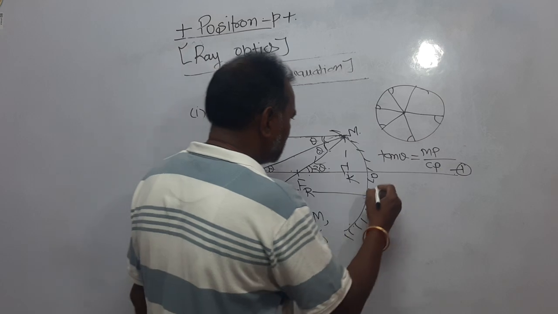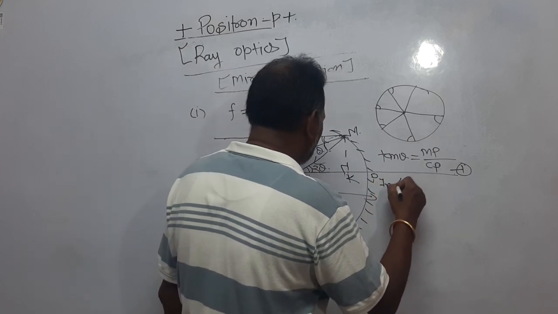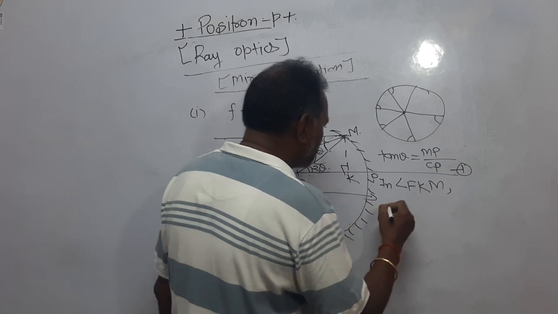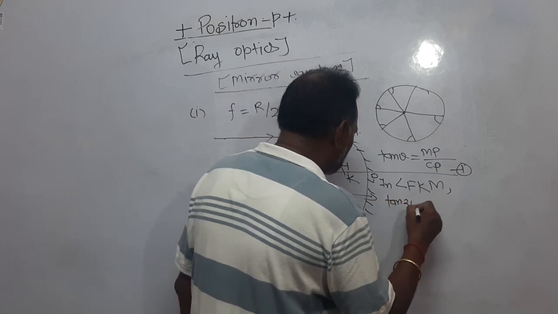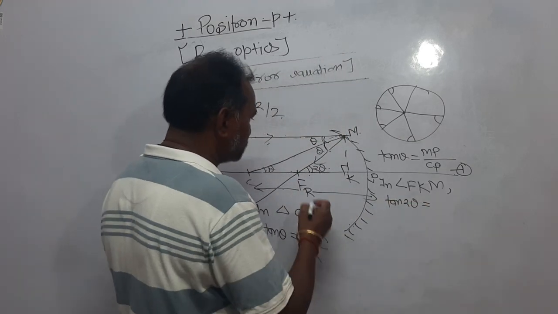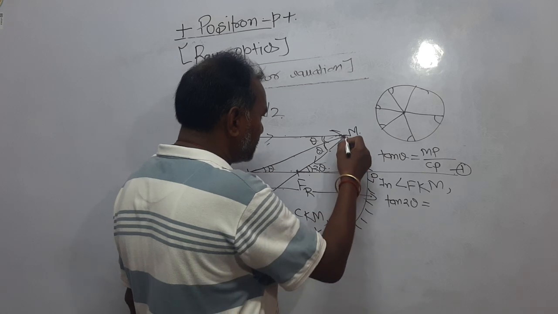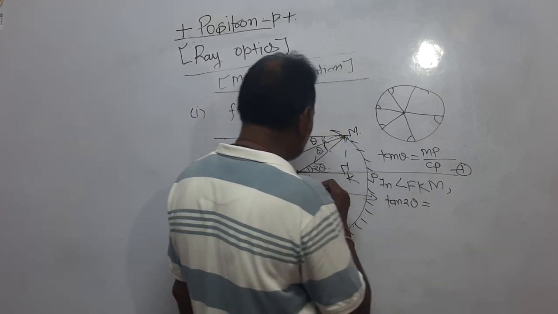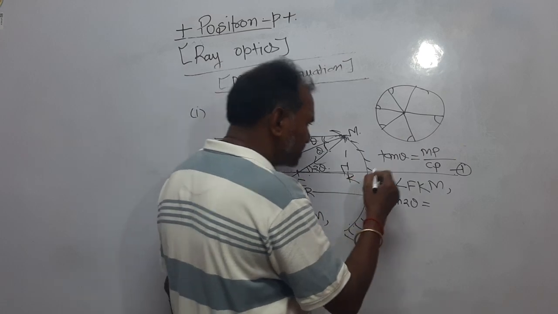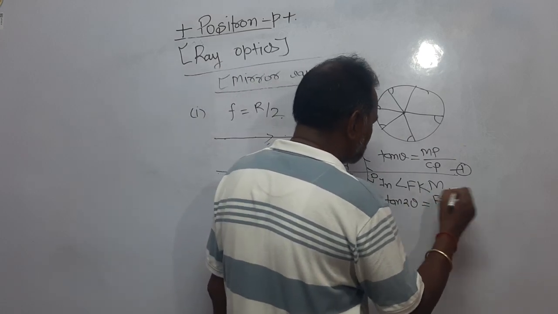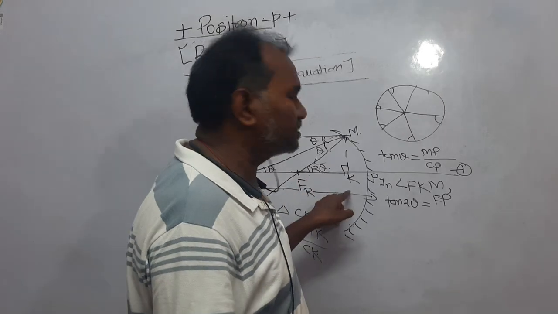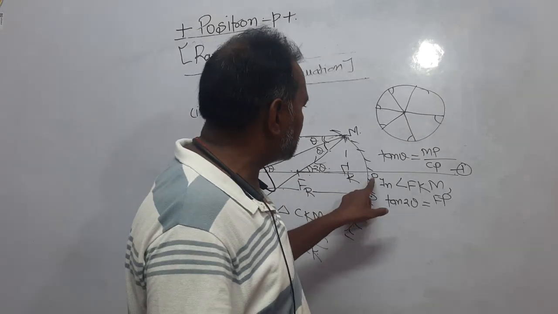In triangle FKM, tan 2 theta is equal to FK upon KM, and this FK can be considered FP. Again the same concept I am applying, that K is very close to P. So instead of taking FK, we are considering FP.